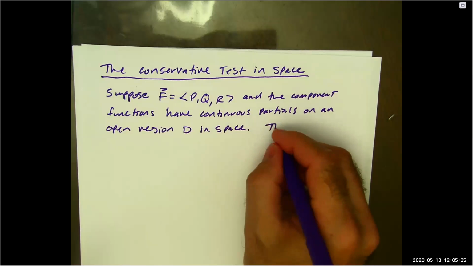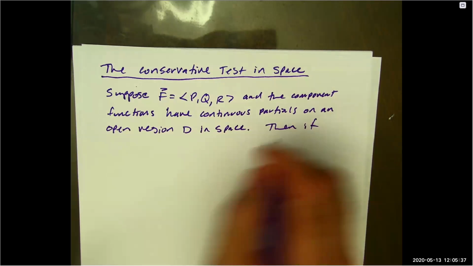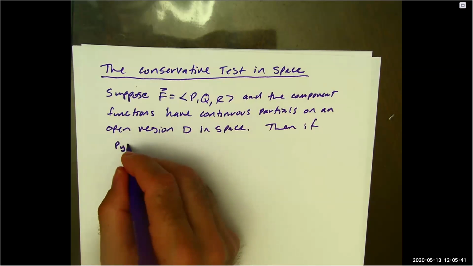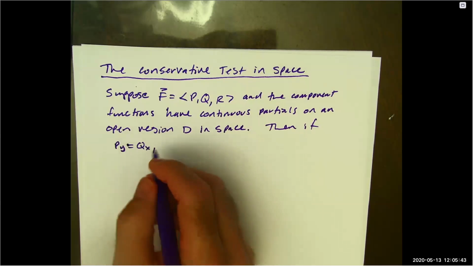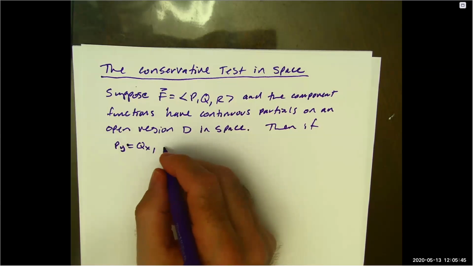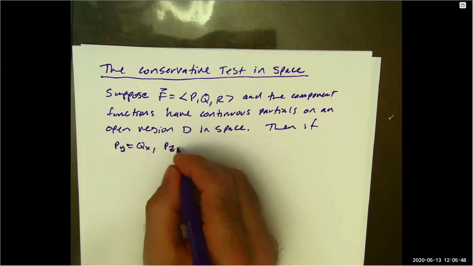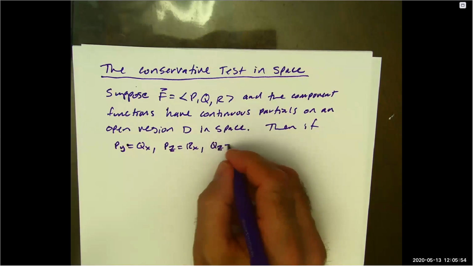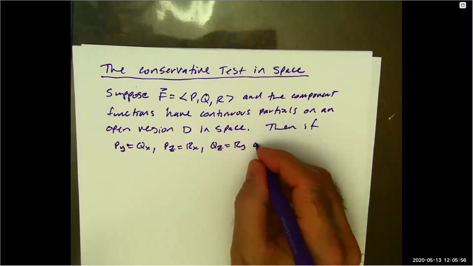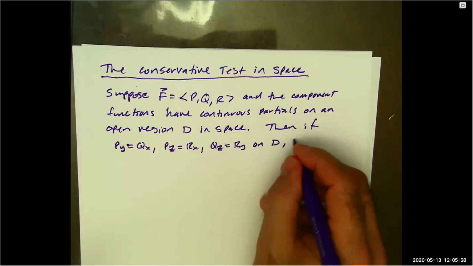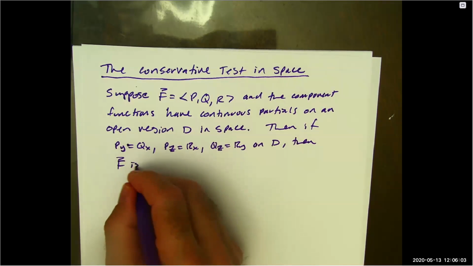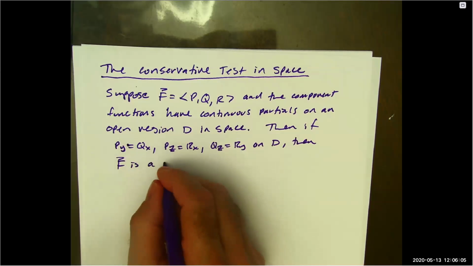Then if Py is equal to Qx and Pz is equal to Rx and Qz is equal to Ry on D, then F is a conservative vector field.